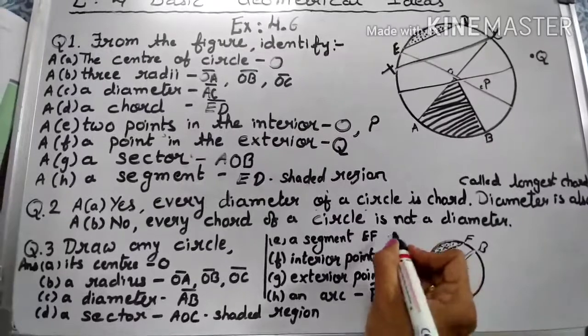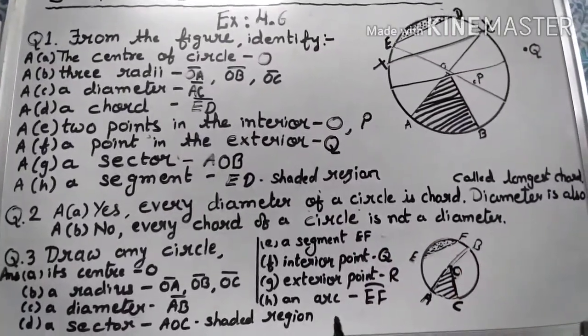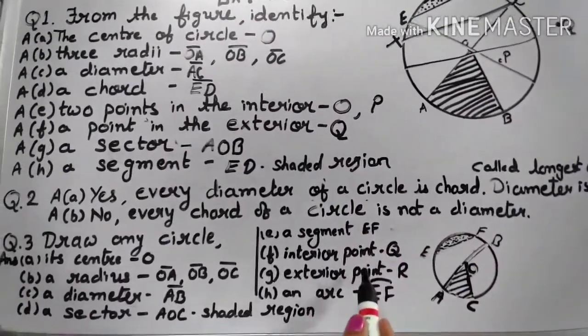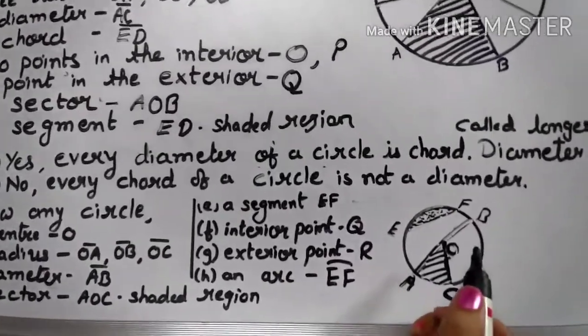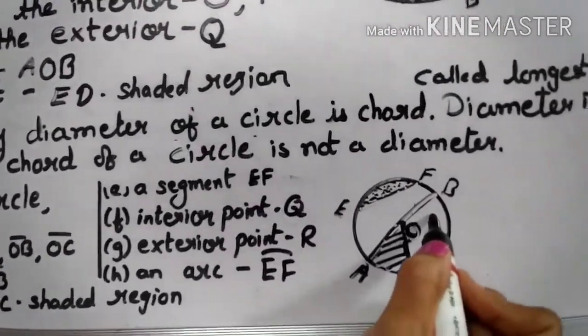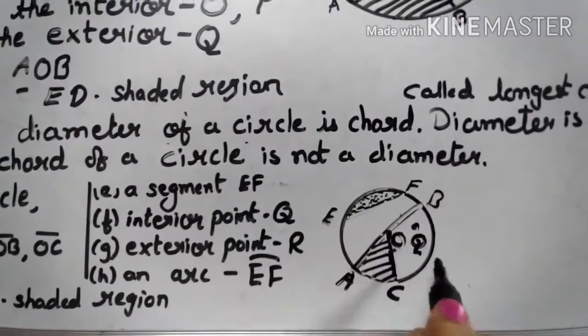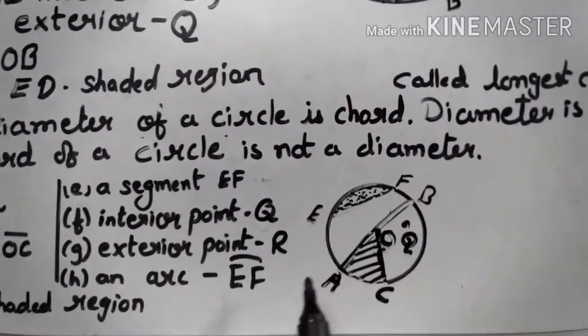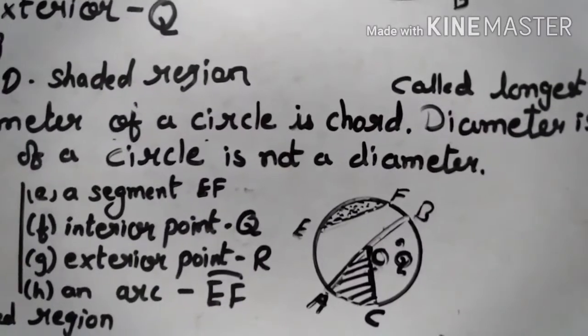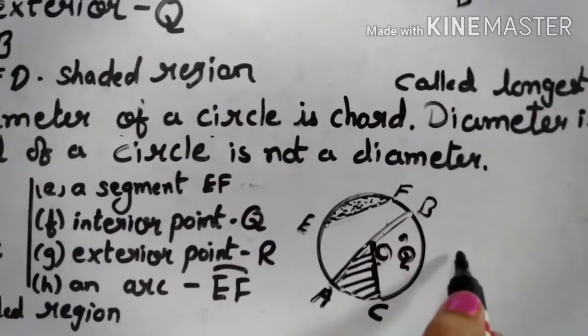Now interior point. Let's put one point inside the circle and give it the name Q. So point Q is in the interior of the circle. Now exterior point.